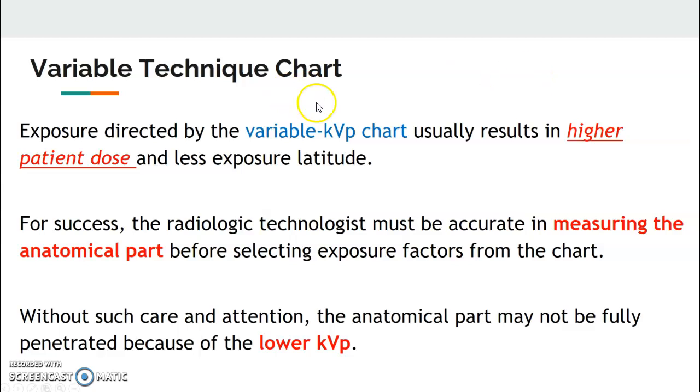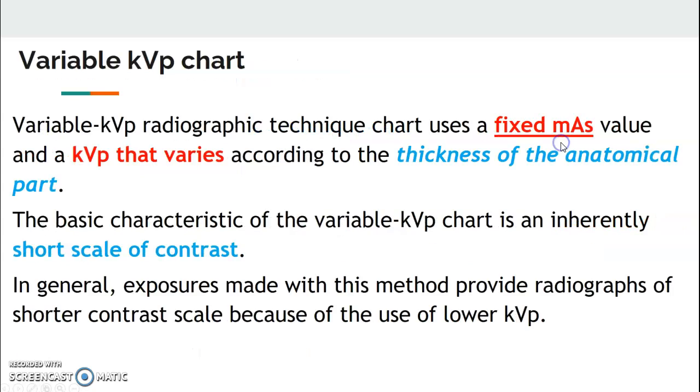So for the success of this one, you have to be accurate and you have to measure the anatomical part before selecting the exposure factors. The variable kVp chart uses a fixed mAs value and the kVp varies according to the thickness of the part. And essentially the variable kVp chart is usually short scale of contrast because it can end up using a low kVp.